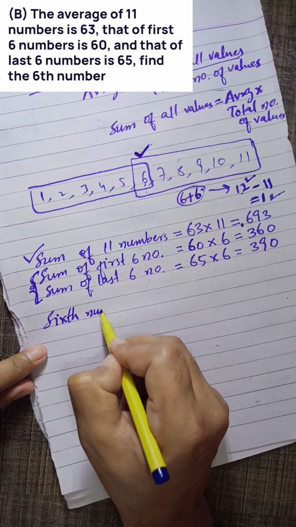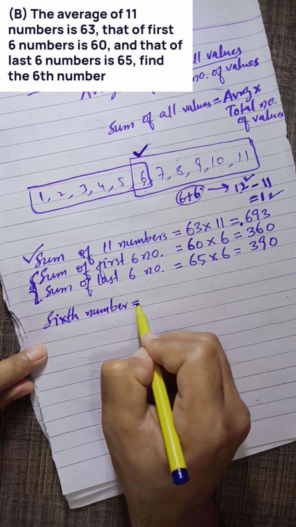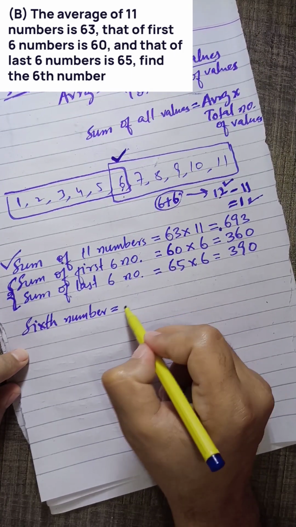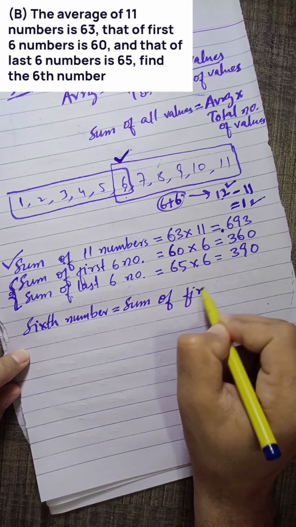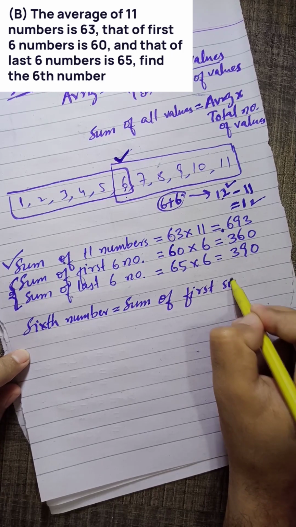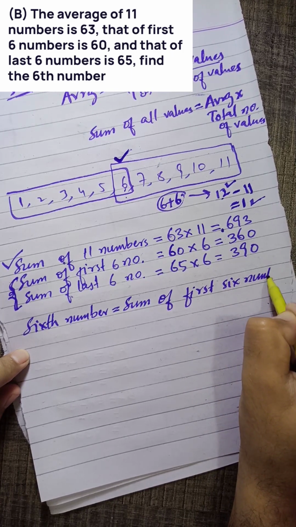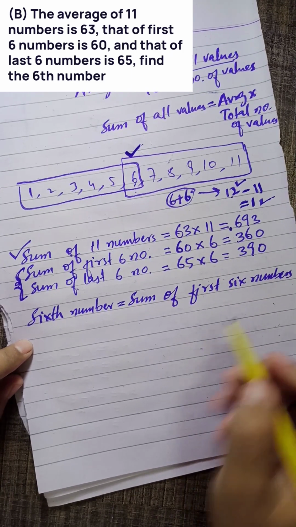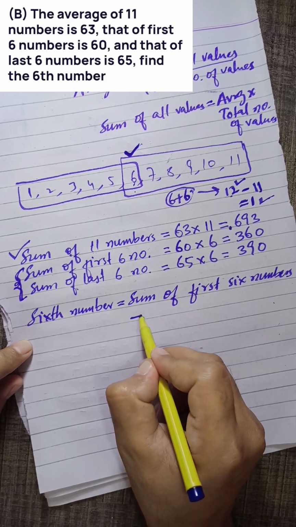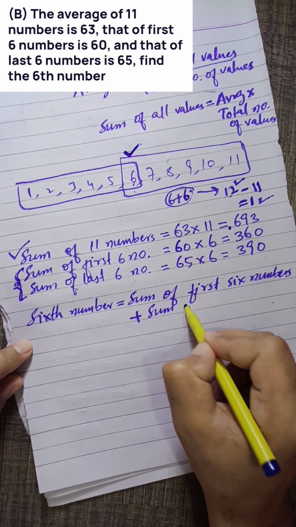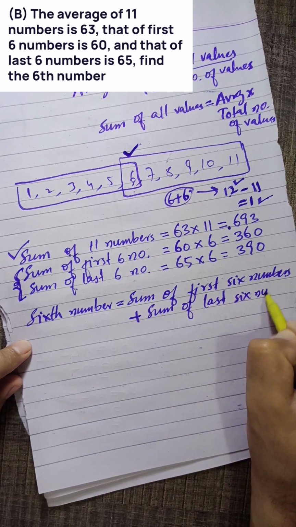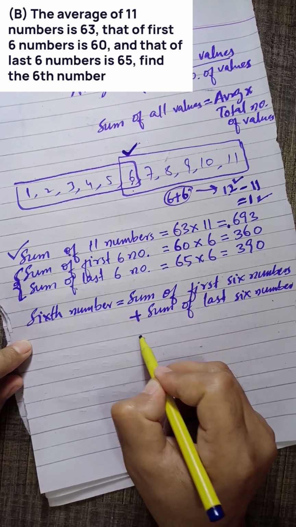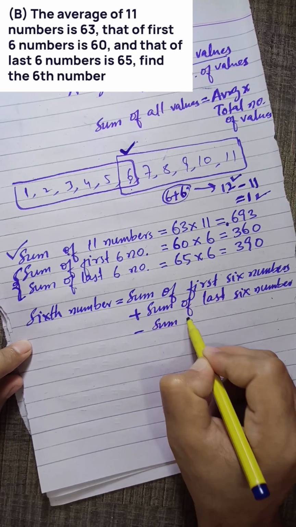Sixth number will be equal to the sum of the first six numbers plus the sum of the last six numbers minus the sum of 11 numbers.